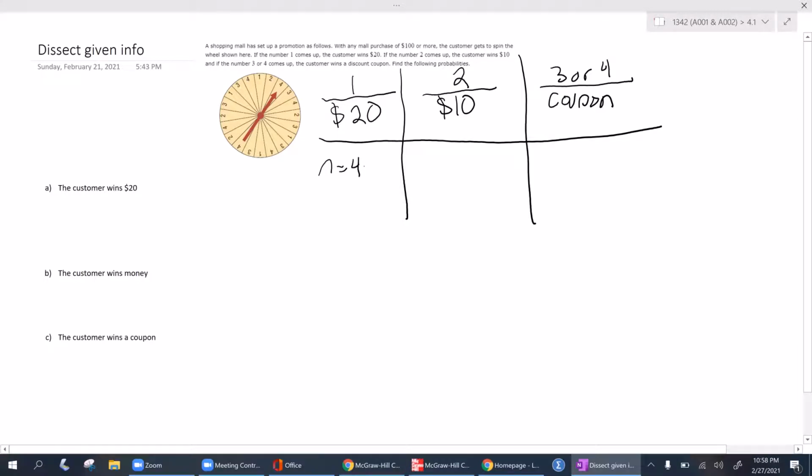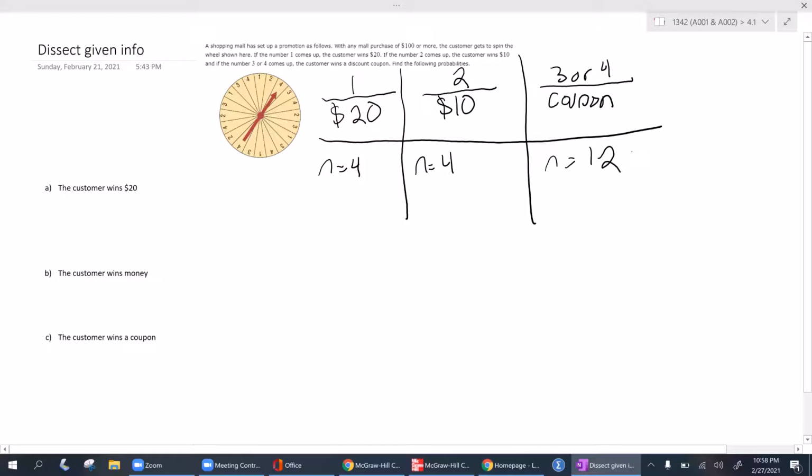All right, let's see how many 2s that we get. I got 1, 2, 3, 4. All I count is 4. And how many times do I see a 3 or a 4? So I see 1, 2, 3, 4, 5, 6, 7, 8, 9, 10, 11, 12.